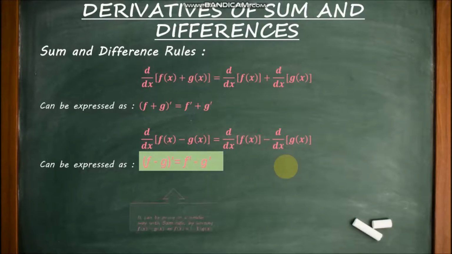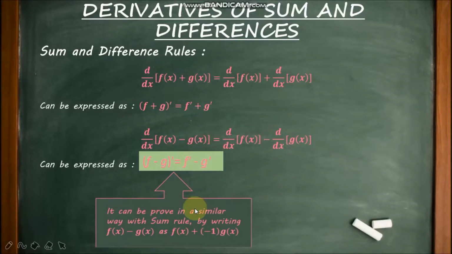For the difference rule, it can be proved in a similar way to the sum rule, by writing f(x) minus g(x) as f(x) plus negative 1 times g(x).